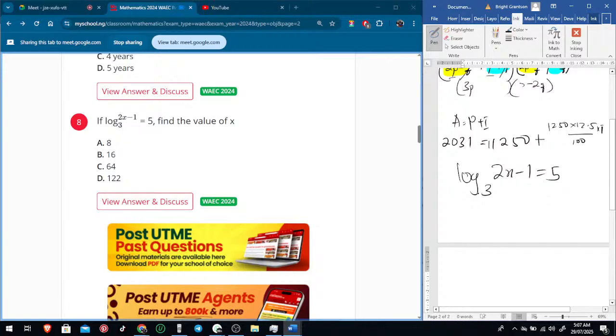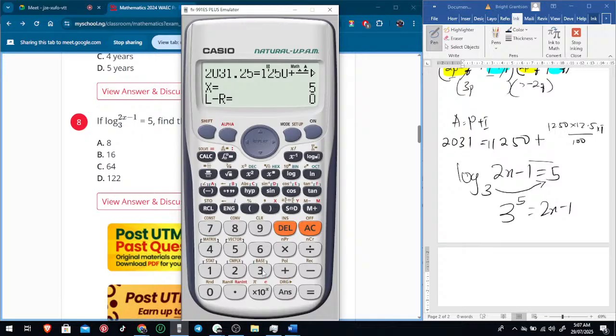The 3 will go and carry 5, and it will be equal to the function you have here, which is 2x minus 1. So just punch your calculator: 3 exponent 5 equals 2x minus 1.